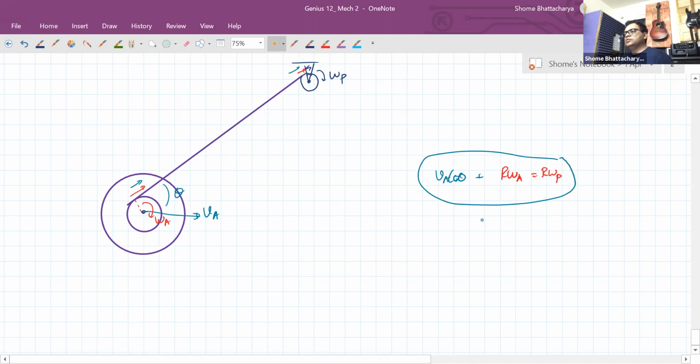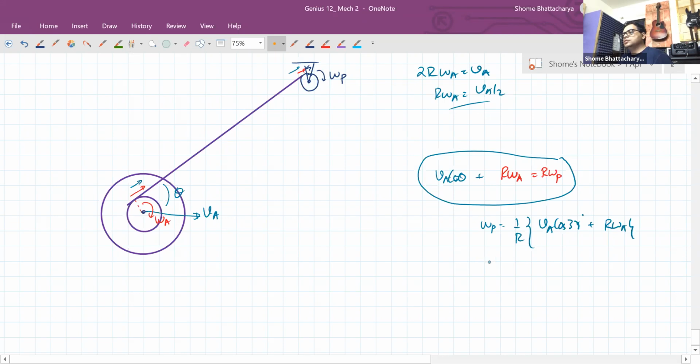So that's how we were getting omega p as 1 by r (VA cos 37 plus r omega A). And remember 2r omega A was equal to VA, so r omega A was VA by 2.